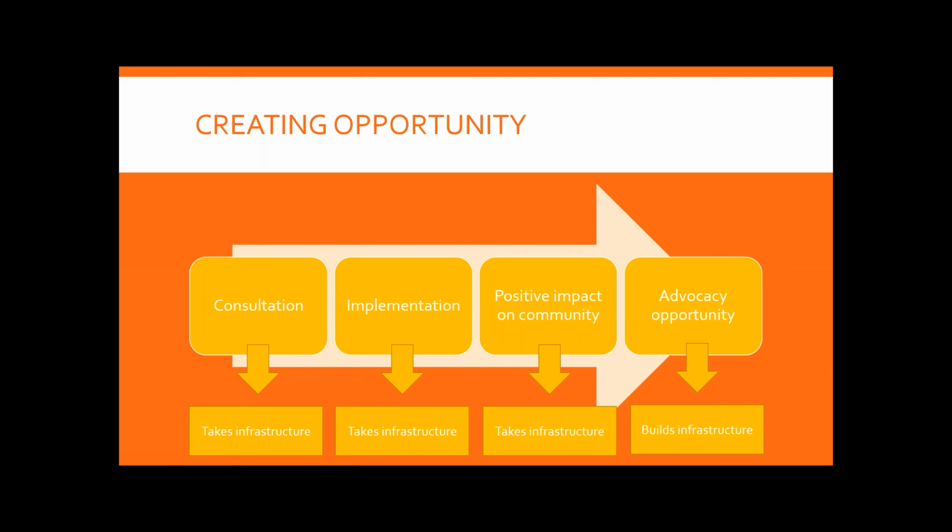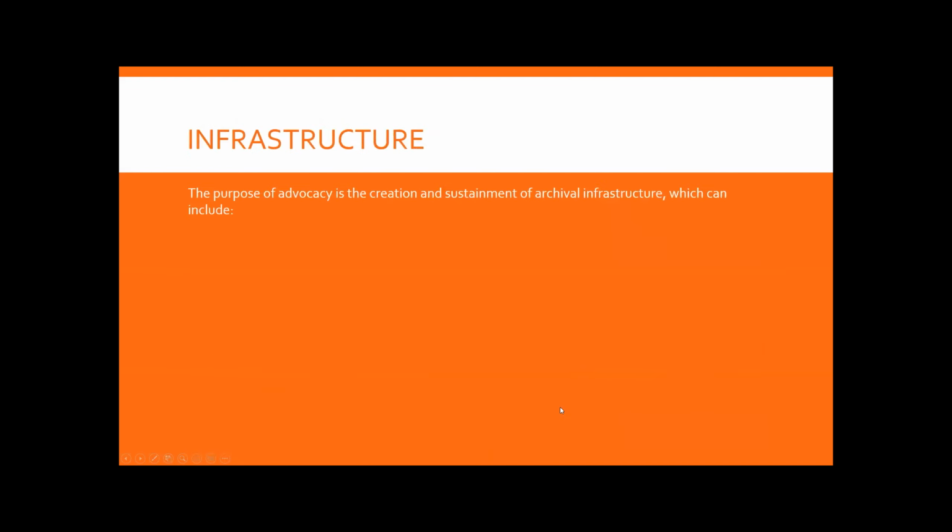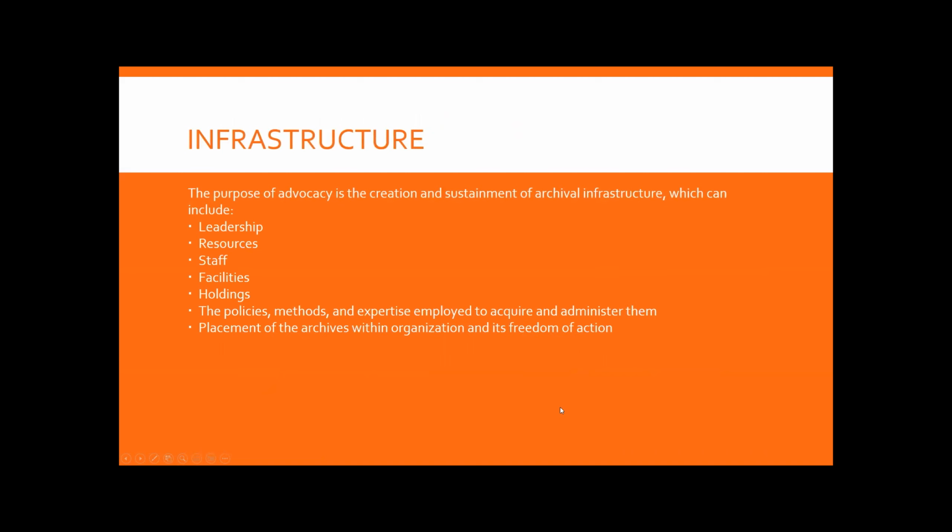And we'll talk more about impact in a couple of weeks, but for now, I want to focus on the different types of infrastructure that can be involved with developing online access tools. So to do that, we'll look at our list of infrastructure types here.